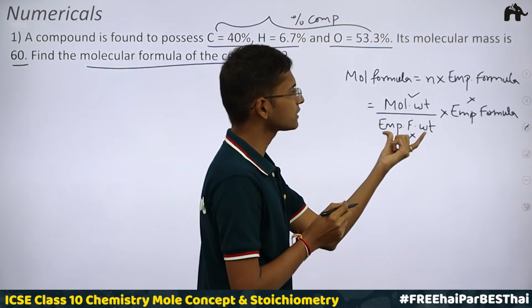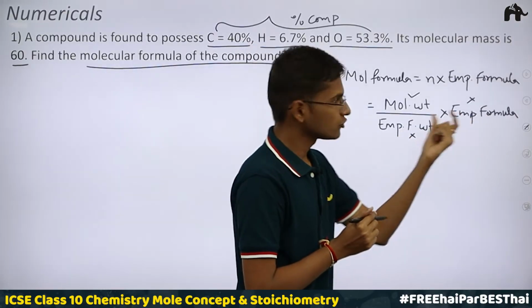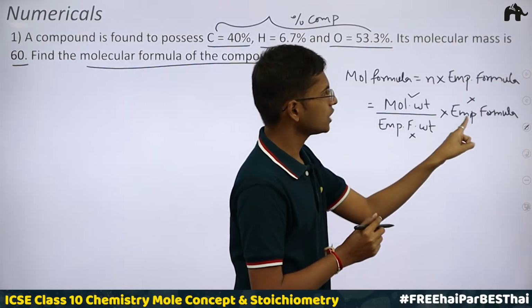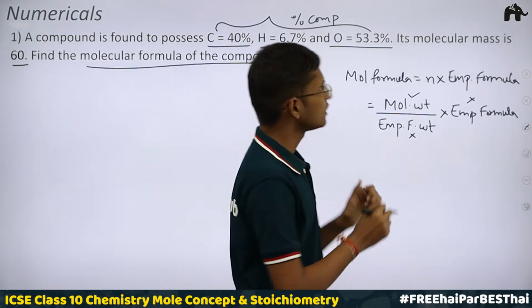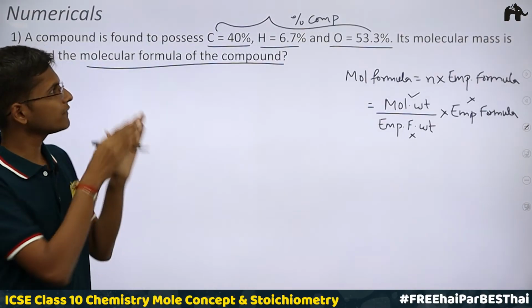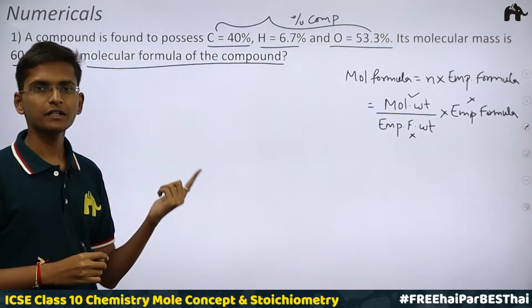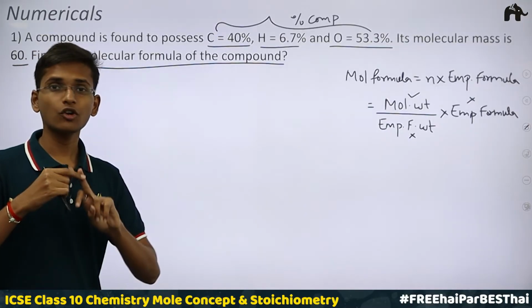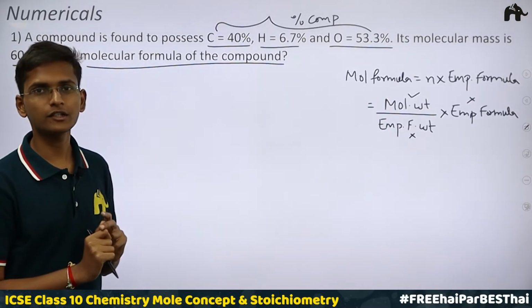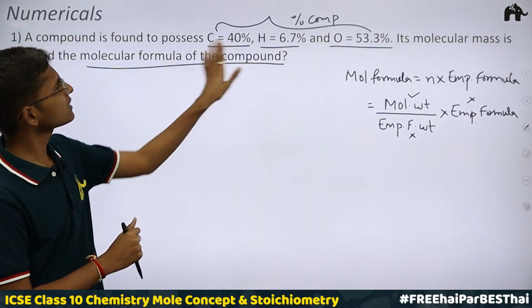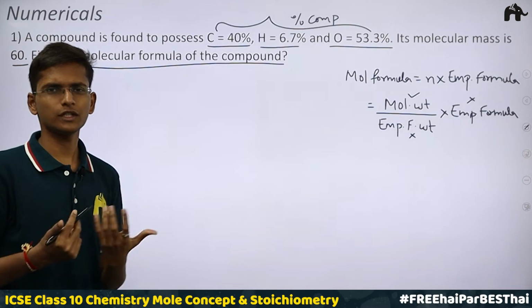Now how would we find empirical formula weight? With the help of empirical formula. So for finding empirical formula weight, we first have to find the empirical formula. Now how to find the empirical formula? Is there something given to us with the help of which we can find it? Have a closer look. For finding empirical formula, we need the percentage composition of that compound and the atomic weights of the elements present in it. The atomic weights are not given, but the elements are carbon, hydrogen and oxygen, and we know their atomic weights.